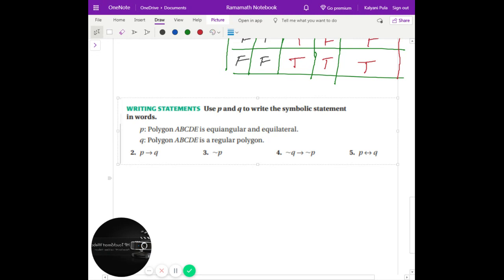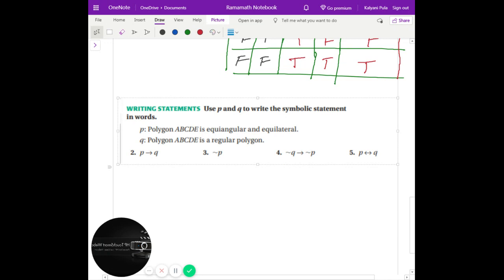And then if P is negated, then polygon ABCDE is not equiangular and equilateral, then polygon ABCDE is not a regular polygon. That's pretty good. Polygon ABCDE is regular if and only if it is equiangular and equilateral.